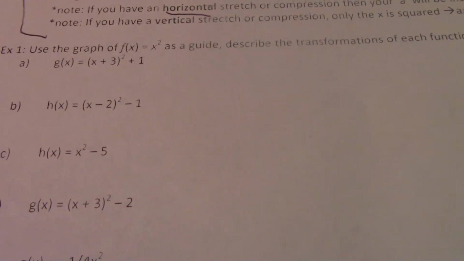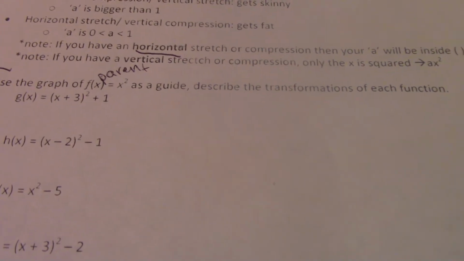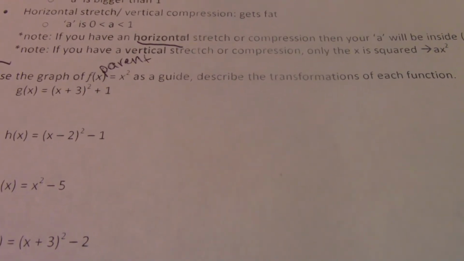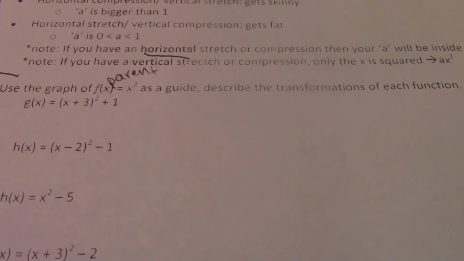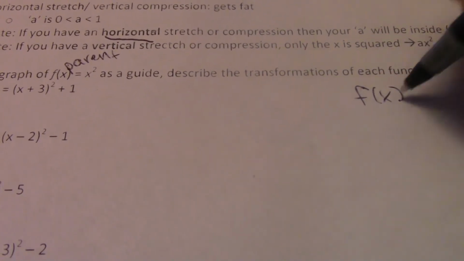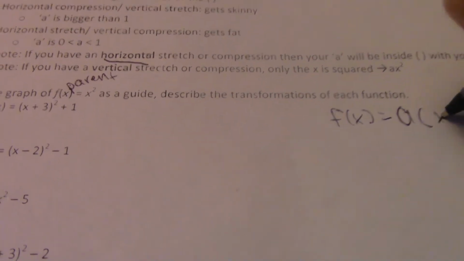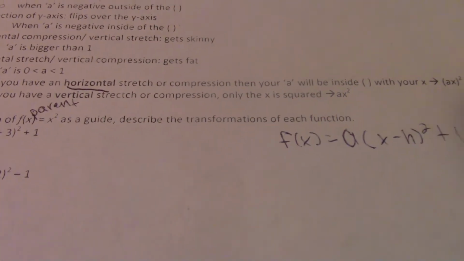So let's try some of these. Use the graph of f(x) = x squared, this is your parent, as a guide. Describe the transformations of each function. Okay, so remember our formula in vertex form was a(x minus h) squared plus k.